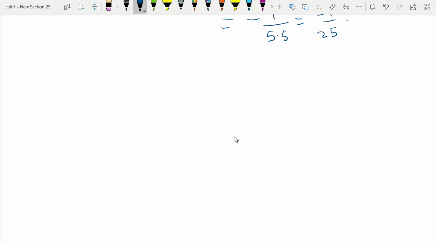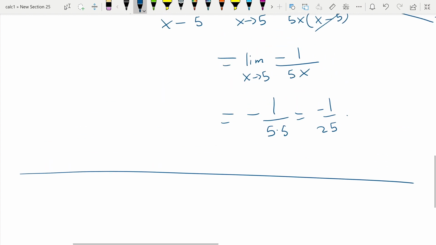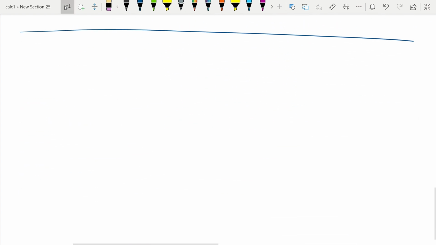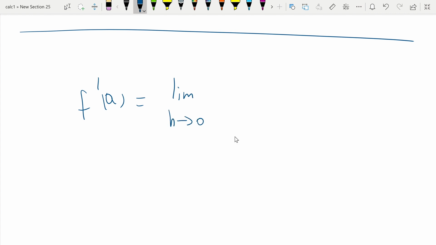So now that we computed this, let's use a more useful way of writing this derivative. This is what we usually go for. I already gave the definition of the derivative, but in practice we will always be computing that limit as the limit when h goes to 0 of f of a plus h minus f of a, divided by h.